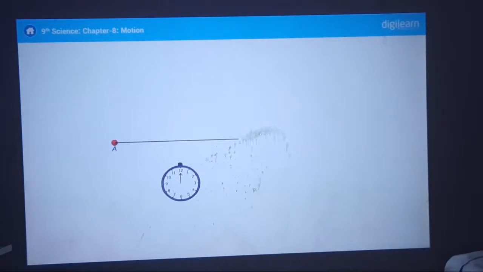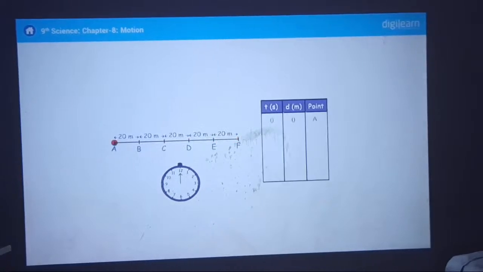Uniform velocity. Consider a body moving from A to X along the straight path. It covers 100 meters in 50 seconds. Time 0 seconds. Displacement 0 meter. Point reached A. Time 10 seconds. Displacement 20 meters. Point reached B. Time 20 seconds.